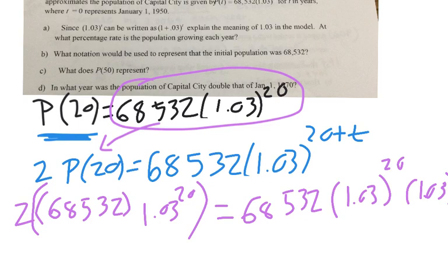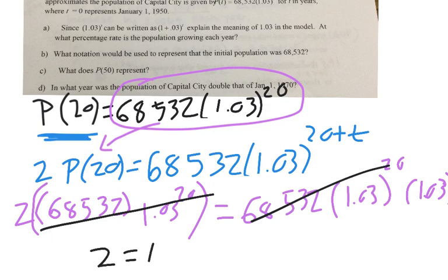Yeah? So then that leaves me with, and here is where the work that the people worked out for me, this is where theirs starts. Theirs says 2 equals 1.03^t. Now, there may be some reason that I know I can go straight here, but I don't know it.